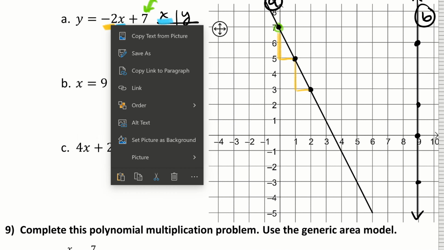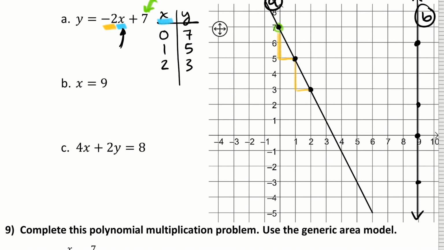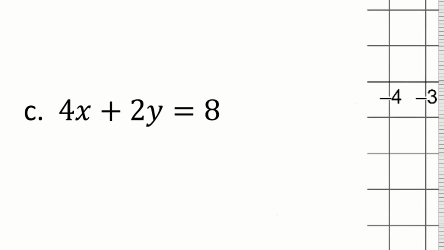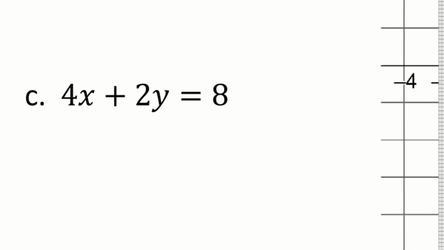And then the final equation was not written in slope-intercept form. I guess this is standard form, but I can transform it into slope-intercept form so that I could do the same thing with the table of values, or I could just recognize the y-intercept and the slope and use those.